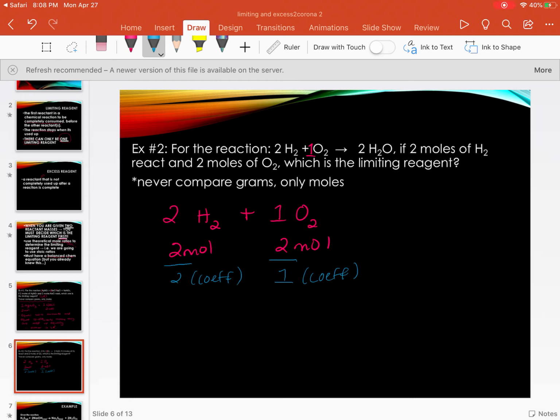So now this turns into a 1 and this turns into a 2. This is not the mole amount. It is not the coefficient straight up. We've sort of manipulated it. So we're going to call that the limiting reagent ratio.